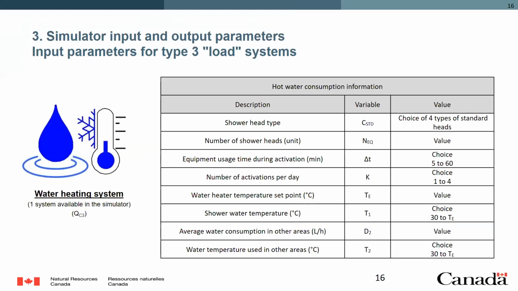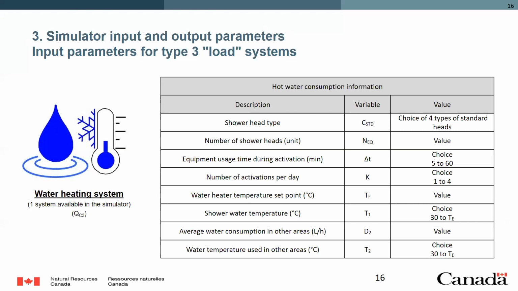For the type 3 load, which are the water heating systems, there's 2 options here. So the first parameters up to T1 consider showers. So you have the number of showers, the type of showers, or head, which is a way to estimate the flow that will come through the showers.